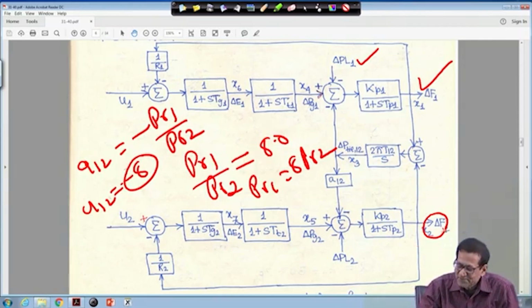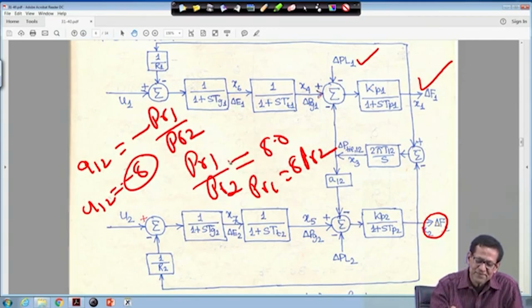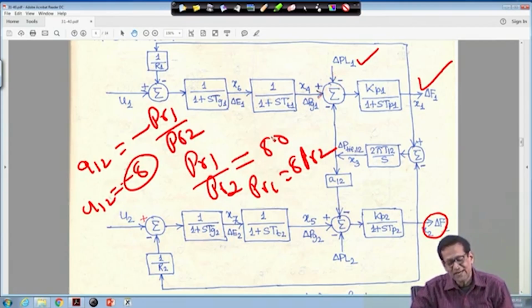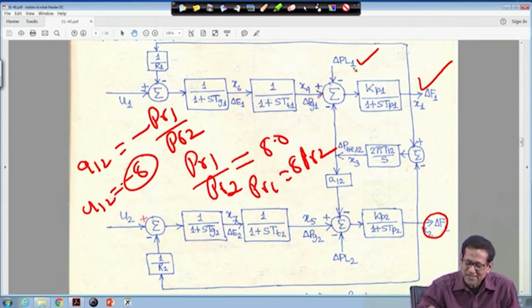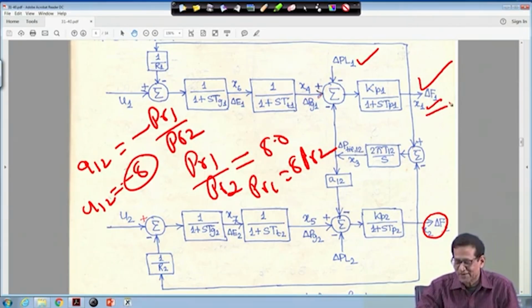That means if the area capacity ratio increases, for this case the way we have taken it, PR1 is much higher than PR2. Then for a load disturbance here, the frequency deviation will be there in area 1, but in area 2 you will find it is almost flat.